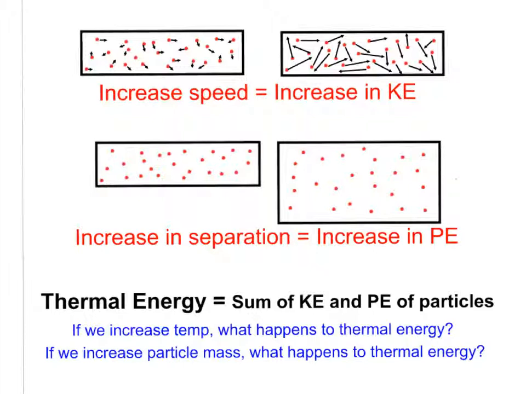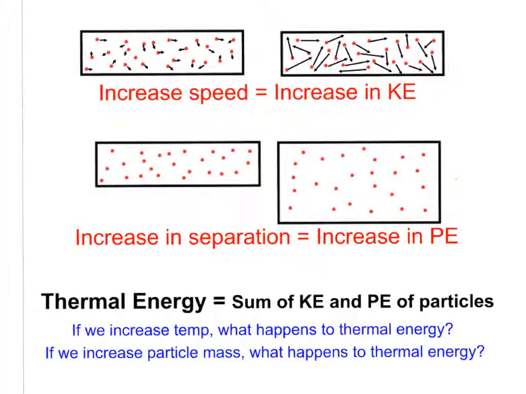If they have the same temperature, the average kinetic energy of all the molecules is going to be the same in both of these glasses. One has a tiny bit of water and one is a large glass of water. Which one will have more thermal energy? Well, thermal energy does depend on the mass.